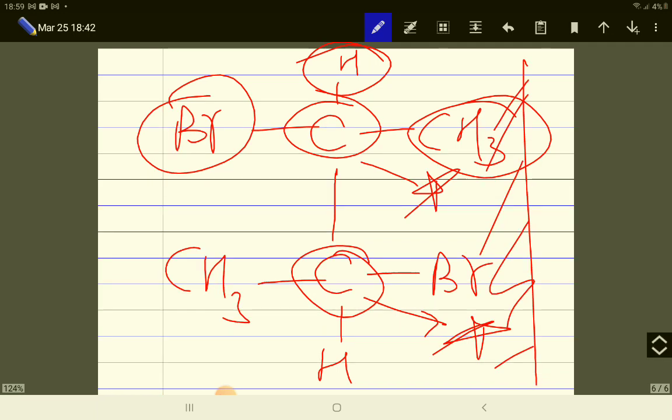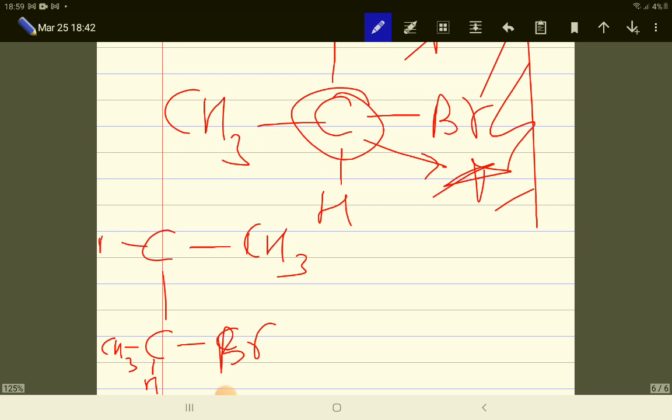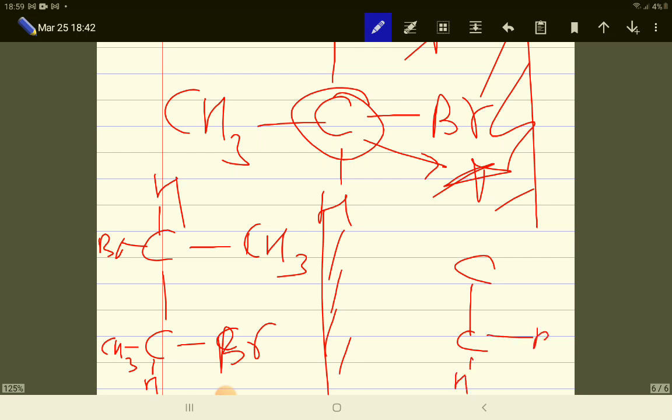How does that mirror image look like? Let me draw here. So this will be a compound. So if you put a mirror over here, you will get a mirror image like this.